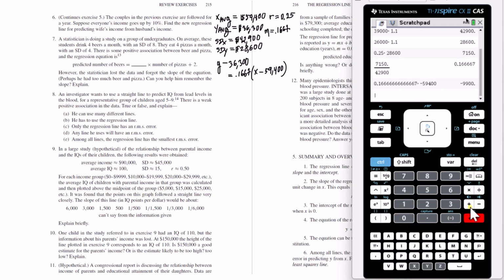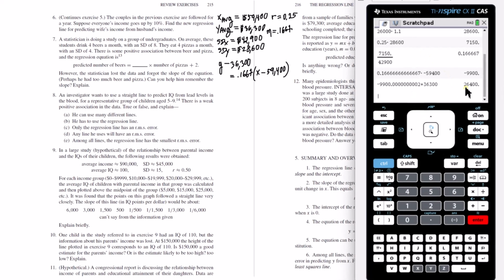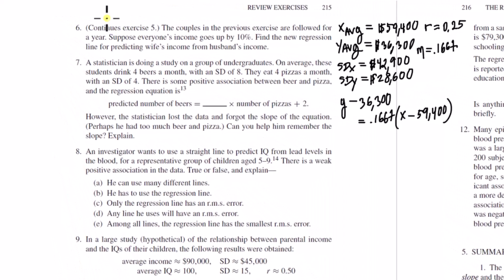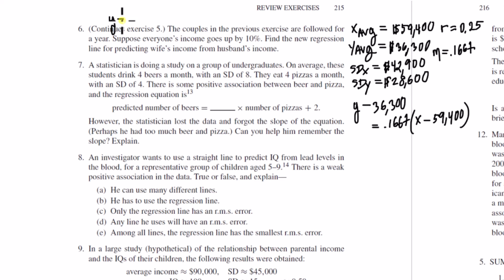Now we're going to add 36,300 to this. So what we're left with is y is equal to 0.1667x plus 26,400. And there we go.